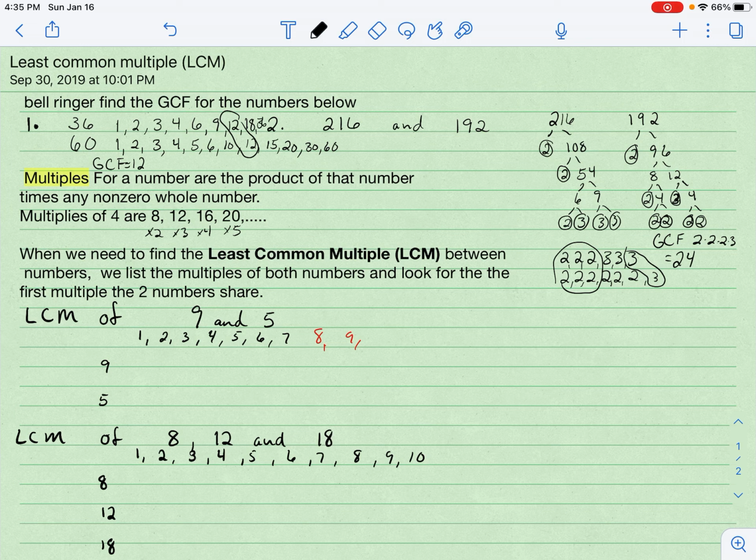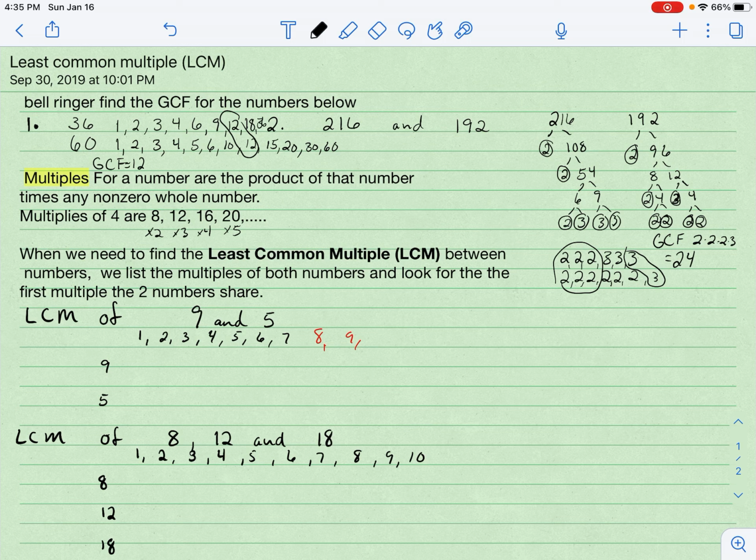Okay, so when we need to find the least common multiple between two numbers, what we're going to do is list out the multiples of both numbers and then look for the first one that they share. So instead of the greatest, now it's the least, the smallest multiple that two numbers share. And this is going to be useful when adding fractions.